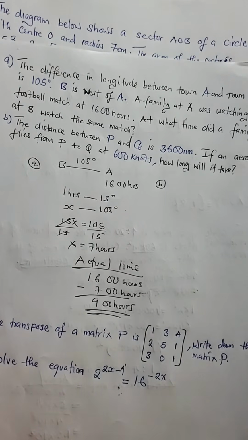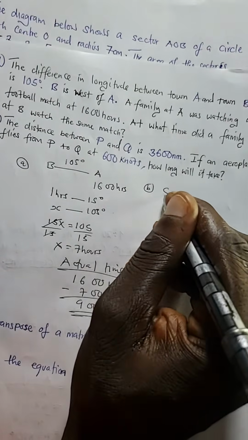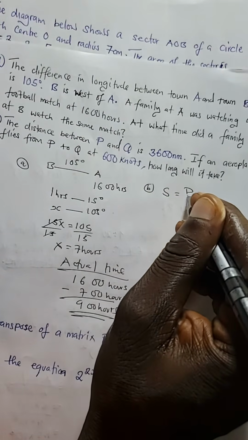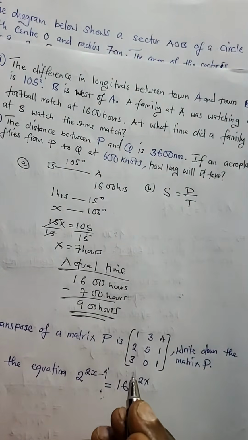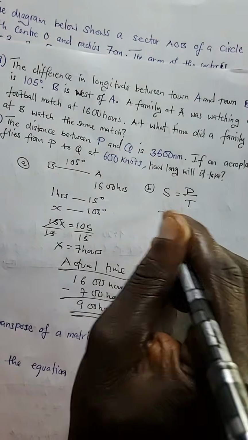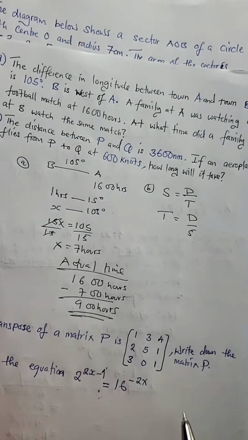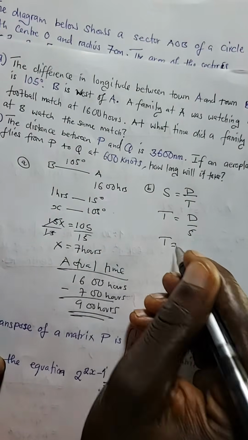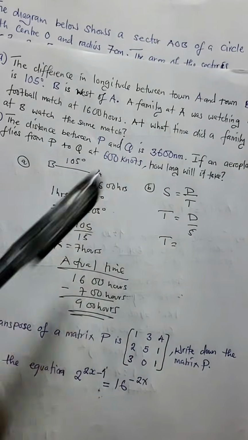This is very simple. The formula for calculating speed is equals to distance covered over time taken. So when we want to calculate time here, time is equals to distance covered over speed. All right. So time is going to be, what is distance covered here? 3,600.